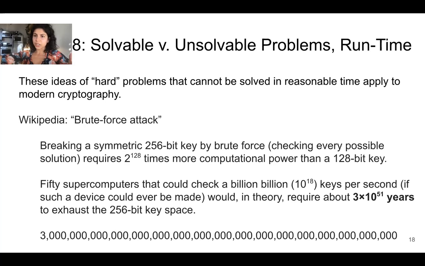Well, modern cryptography, the uncrackable codes that keep your information private as it's sent across the internet, is protected by 256-bit keys. And so in order to break a symmetric 256-bit key by brute force, which means checking every possible solution, it requires 2 to the power of 128 times more computational power than a 128-bit key.